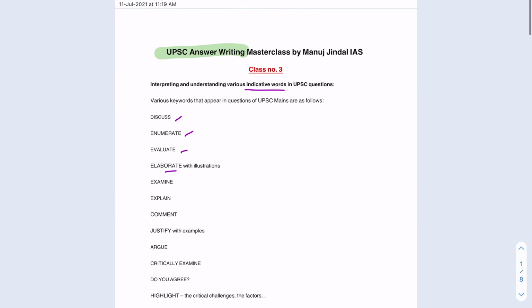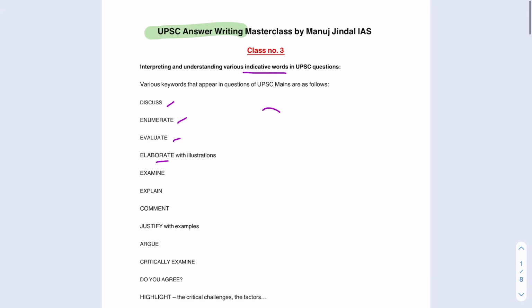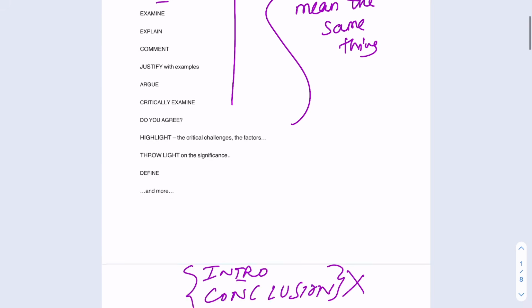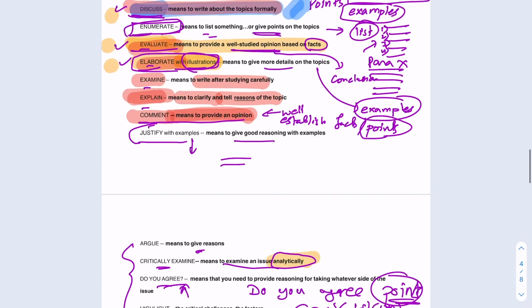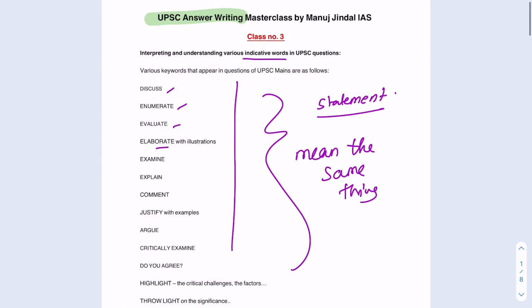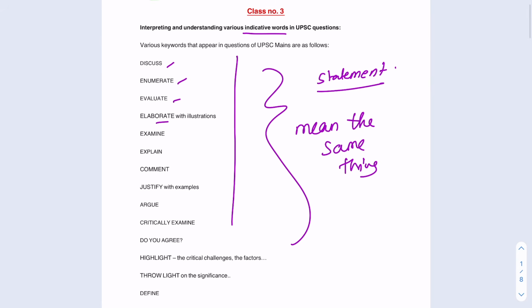But believe you me, these keywords are only as important as the statement or the question that is being asked to you. So focus on the question, focus on the statement. At the end of the day, a lot of these keywords mean almost the same thing. Sometimes they are different, and for that I have provided you the glossary so that you can understand the meaning of these keywords, and accordingly you can answer these questions or have a good understanding of these questions.